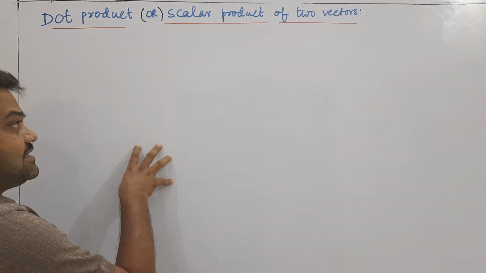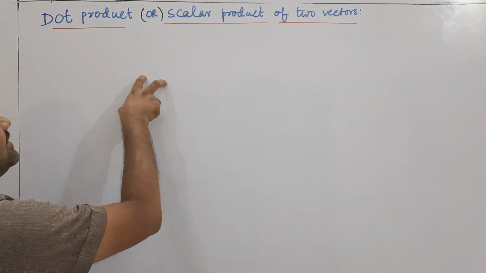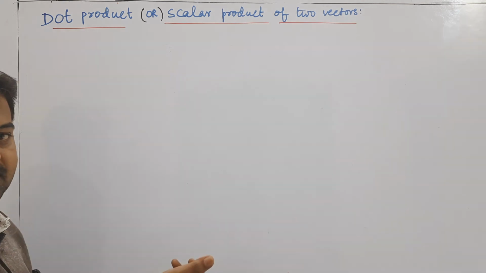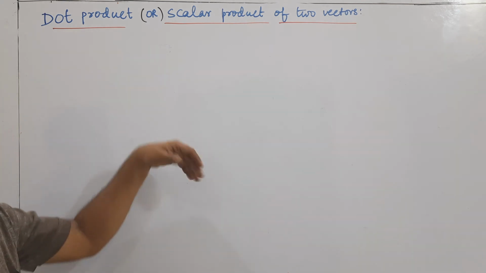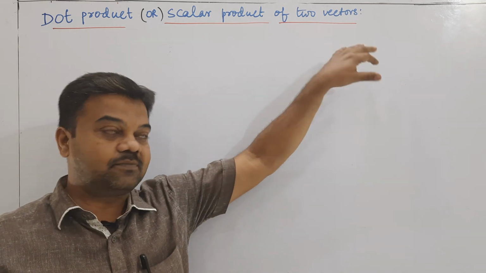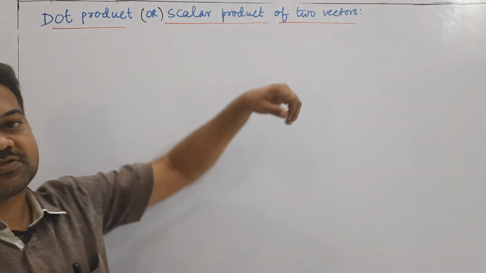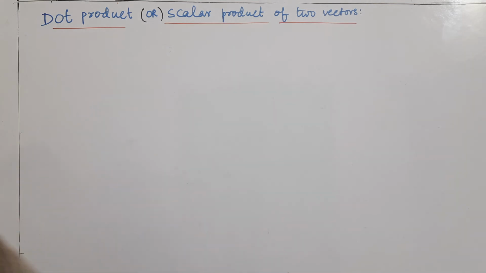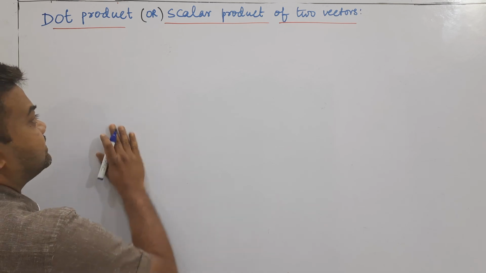Suppose it is a scalar, then we can represent it as a dot product. If the product is a vector, then we represent it as a vector product.